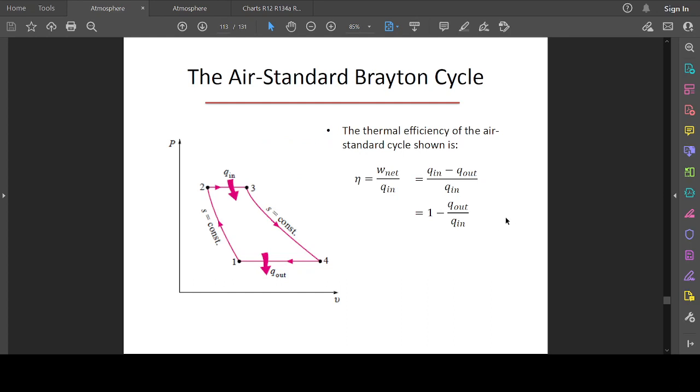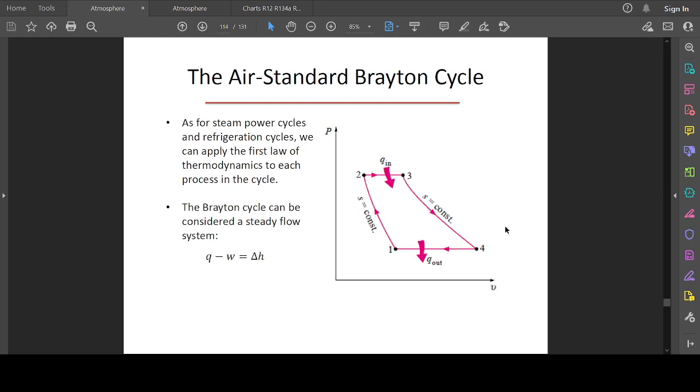So the thermal efficiency of the air standard cycle, Brayton cycle, will be given as the net work divided by the total heat added. And as we know, if we expand it, we have something like this: 1 minus Q out over Q in. Now, for a steam power cycle, as we know, we can use the first law of thermodynamics, but in this case, on a Brayton cycle, we can consider it as a steady flow system, and therefore the changes in the heat added and the work done is equal to the change in enthalpy.